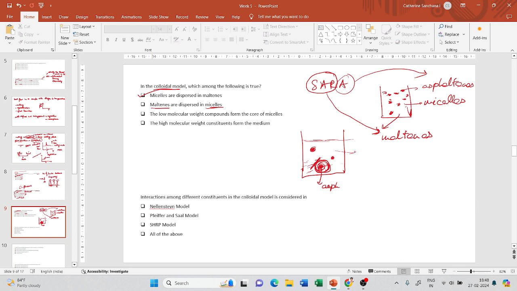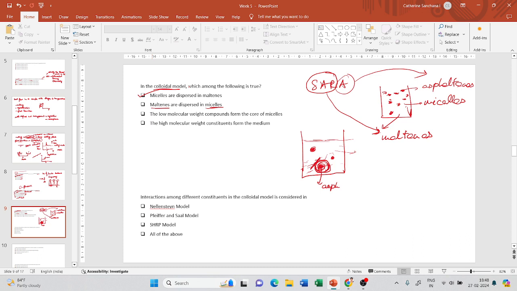And we saw that as you go far away from the core of the micelles, the molecular weight keeps on decreasing, and so the medium is constituents with lower molecular weight. So the answer to this is micelles are dispersed in maltenes.